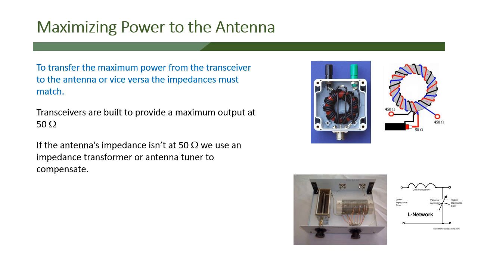Now in VHF handy talkies and some of the VHF, we don't worry about this too much. We have ways of dealing with it that are a little bit different, but the same idea holds true. If you want to get maximum transfer of energy, you need to make sure that the transmitter's impedance matches the antenna's impedance, and you have to do that through either an impedance transformer like we have above, or through a matching network like the L network that's below.